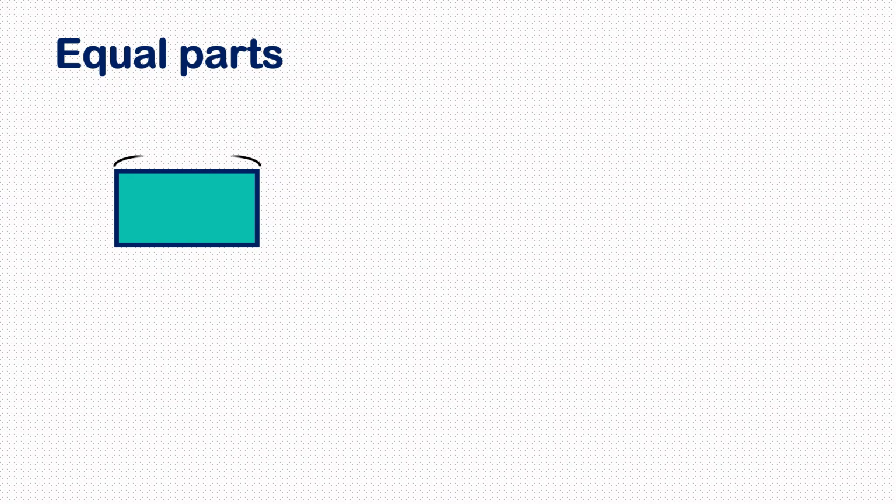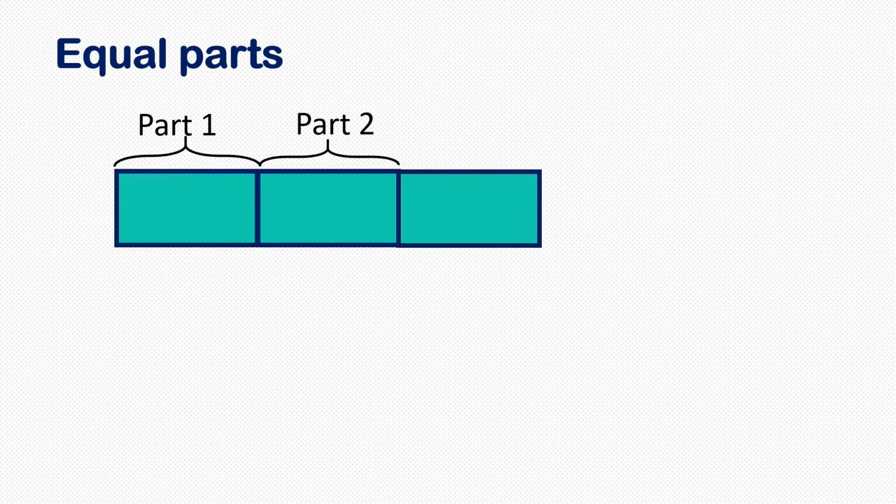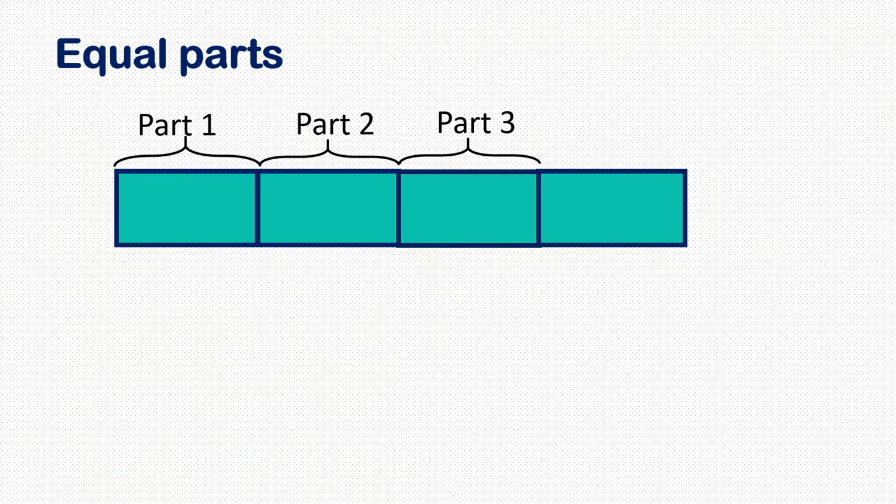Now we'll find the whole of the equal parts. Part 1, part 2 and part 3 keep near part 2. Part 4 keep near part 3. Part 1, part 2, part 3 and part 4. All these parts are equal parts.